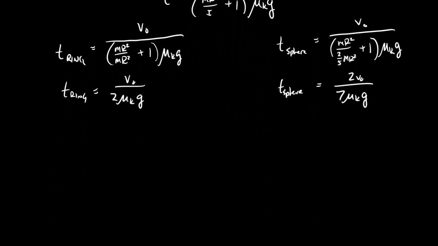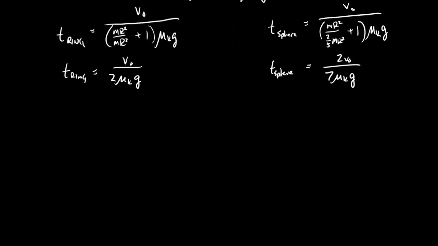Now, at this point, we can find the distance. We have time, but we want d, not delta theta. So you're going to need a relationship that gives you d. You have an expression for t. We know v naught is the initial velocity. We know acceleration is minus mu k g, and we want the distance.